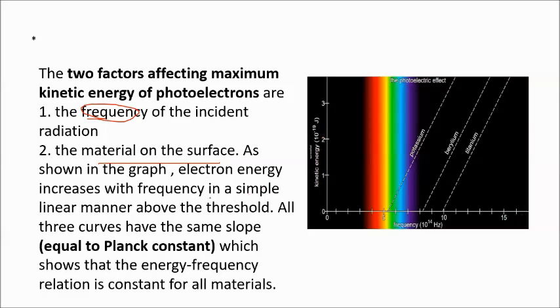So electron energy increases with frequency, giving us these three curves, in a linear manner and above the threshold. All three curves have the same slope. As you can see, the angle of inclination, or the slope, is the same. That is equivalent to Planck's constant, which shows that the energy-frequency relation is constant for all materials.